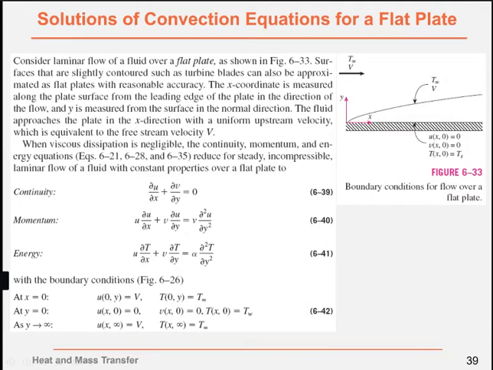This is the x coordinate and this is the y coordinate. On the wall, the no-slip condition applies: the velocity u and v is zero, and the surface temperature is Ts. In the velocity boundary layer part, this is velocity V and T infinity.